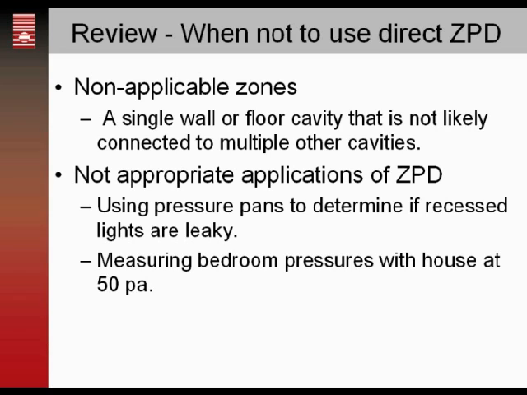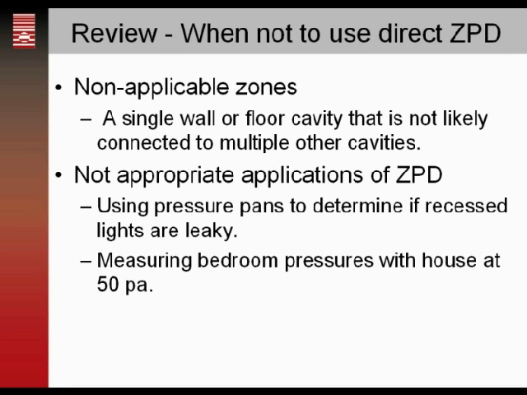And if the gasket on the pressure pan is making a perfect seal, then if you have even a pencil or pinhole of leakage between the pressure pan space and the attic, what you're going to be reading is the attic pressure.